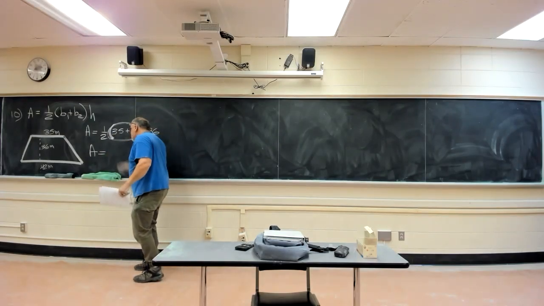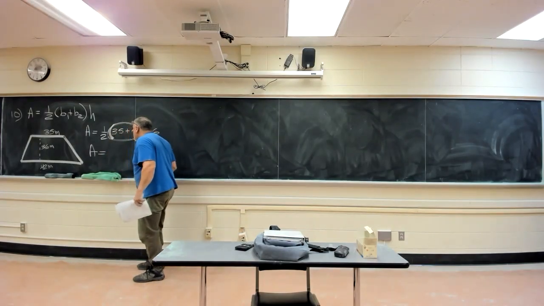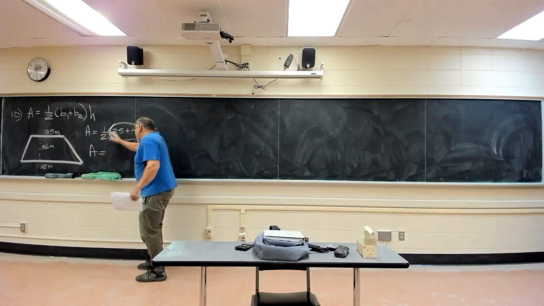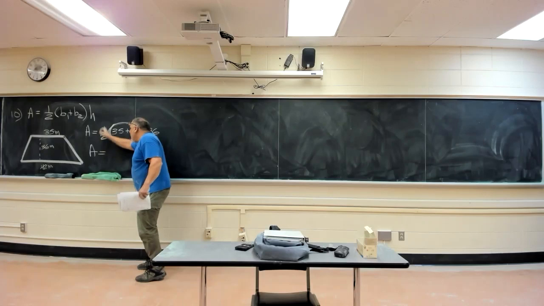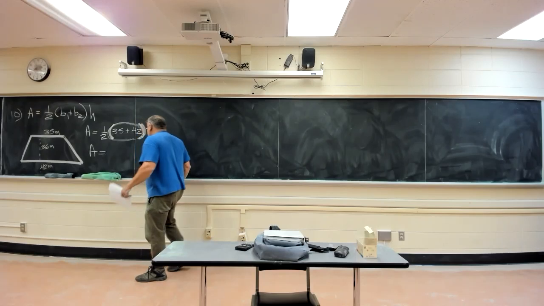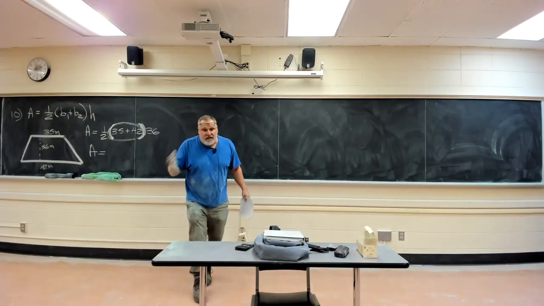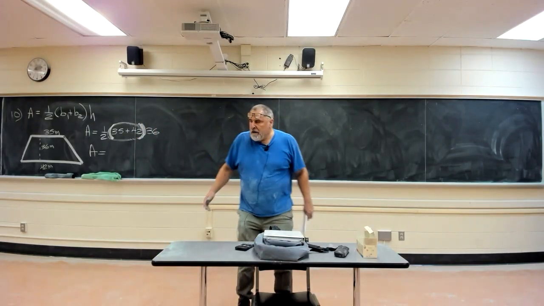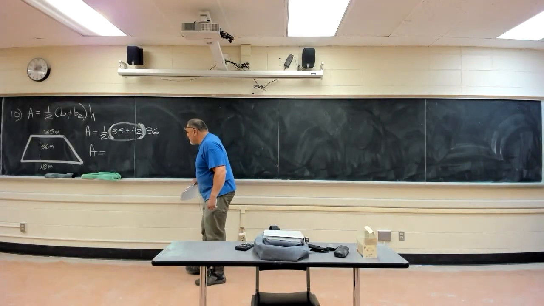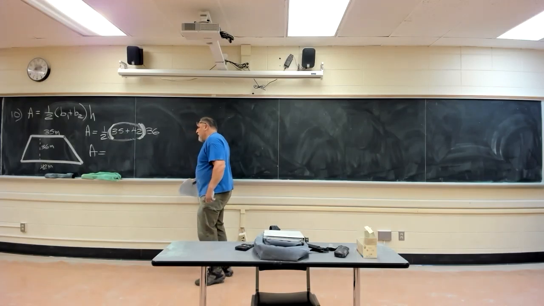Well, let me see here. Let me just try to maybe do this in my head if I can. If this is half, you can't do both now, as we already said. Half of 36 is 18. Add these two together, you get 77. 77 times 18. I might well try to do this in my head. 77 times 18. If it was 77 times 20, it would be 1,540.